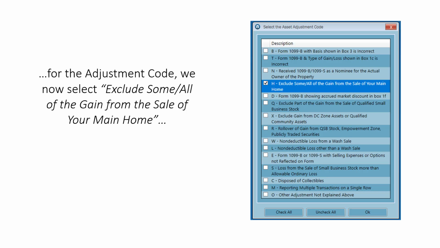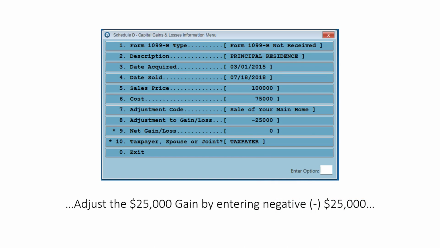For the adjustment code, we would now select Exclude some or all of the gain from the sale of your main home. And so in this case, we would adjust the $25,000 gain by entering a negative $25,000 on line 8.